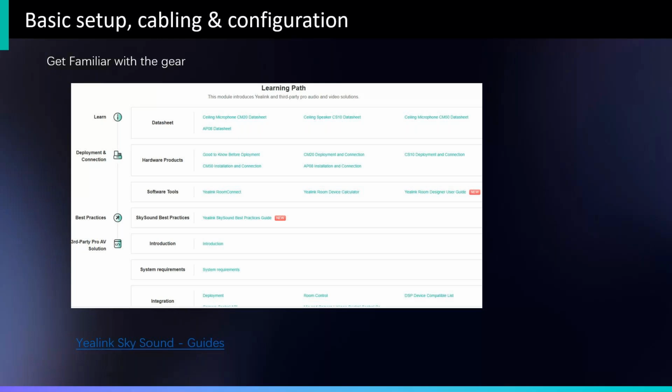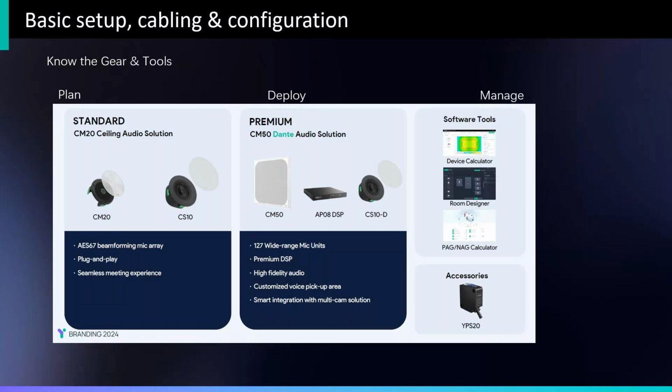If we require the Pro gear like the CM50, the CS10D, and the AP08, we have to connect them or bring them back to the AP08. More on that further down the track. Now, again, we have the standard, the CM20 and the CS10. We have the premium, which are Dante devices, so Dante enabled. You can use them, of course, with any Dante enabled DSP, be it Yamaha, Sennheiser, Biamp, whatever is out there.